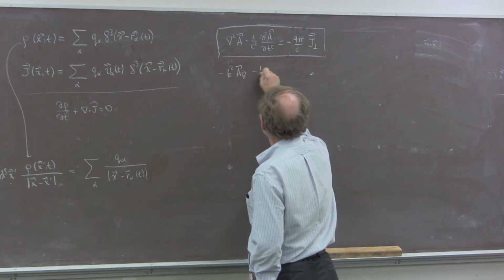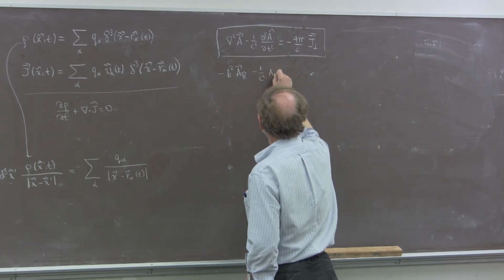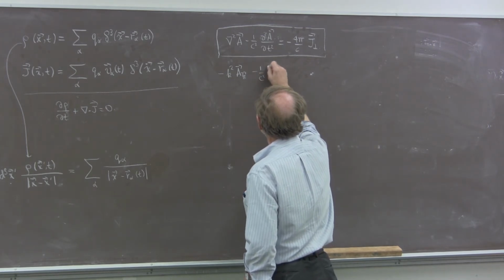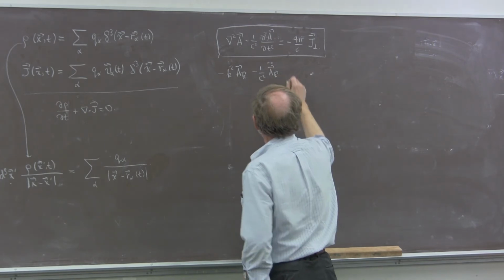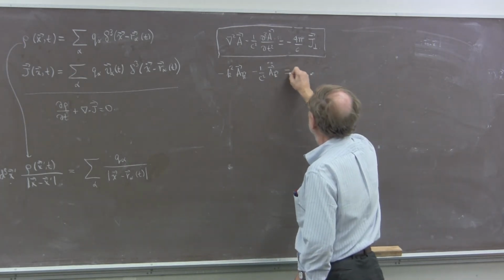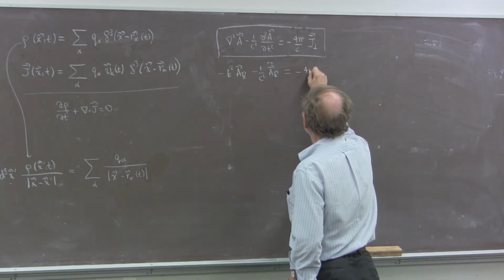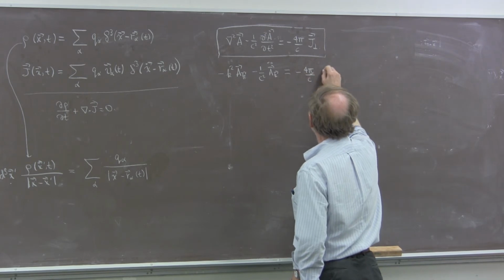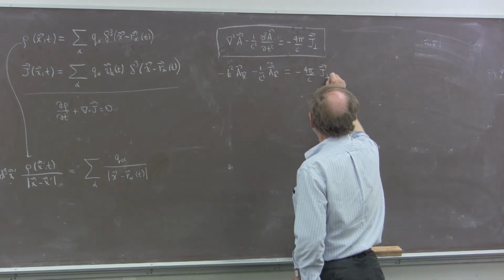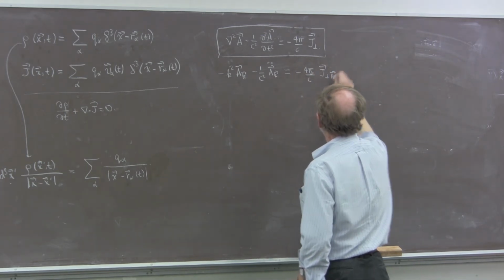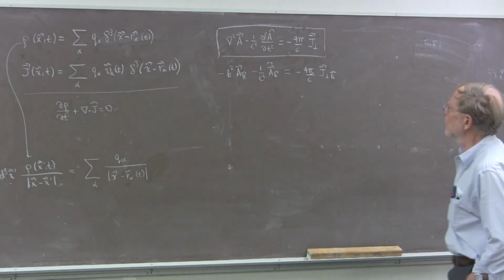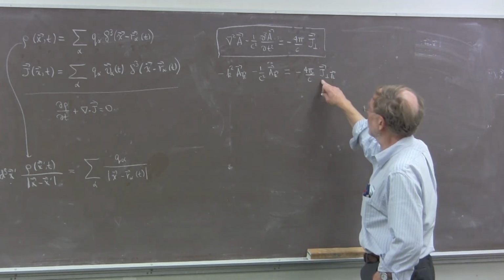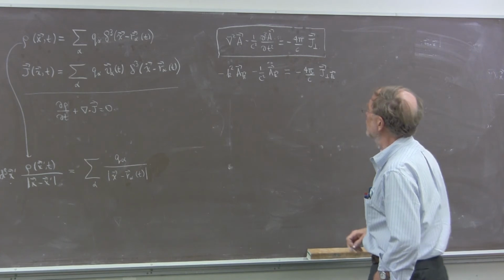The second term becomes minus 1 over c squared times a sub k double dot, the second time derivative of the transform of the vector potential. And on the right-hand side, we get minus 4 pi over c j perp sub k, meaning the component in k-space of the transverse part of the current.